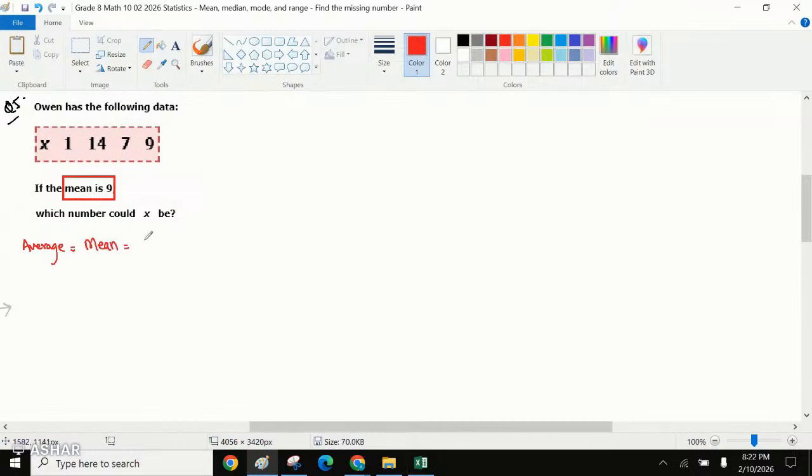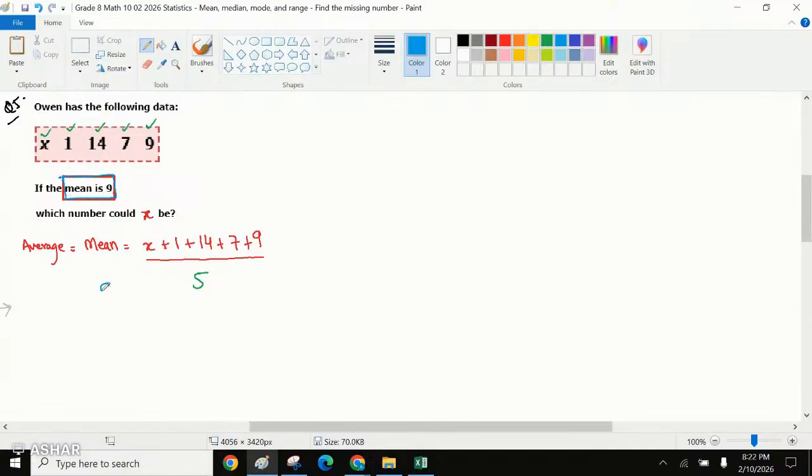How do we find the average? We add all the numbers together, right? And how many numbers are there? There are 1, 2, 3, 4, and 5. We simply divide it by 5. And the mean was given as 9.